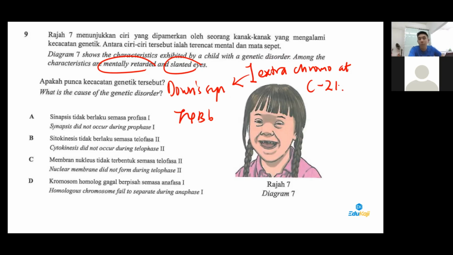Why got one extra? Because at the very start, the homologous chromosome failed to separate. You can draw one star, because it's very popular, not because it's very hard. Okay, so number 9, donkey.